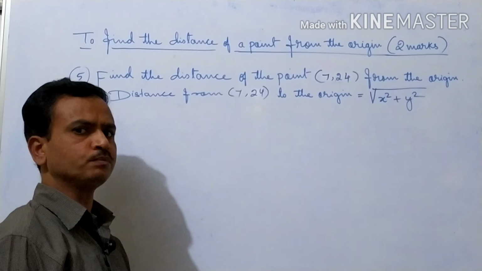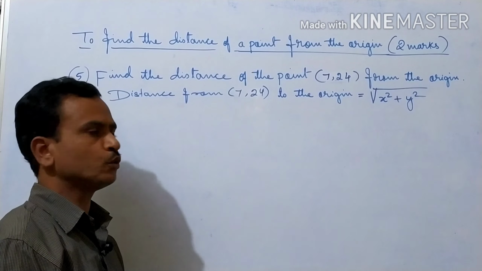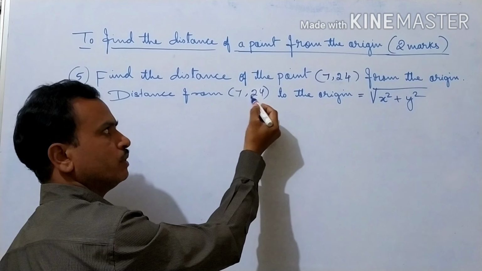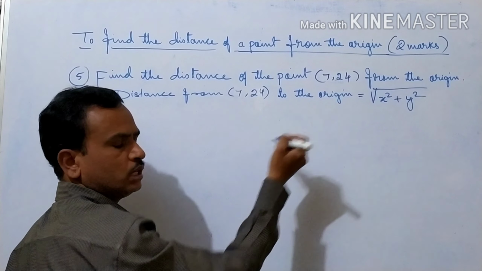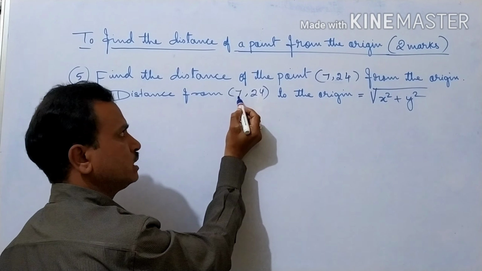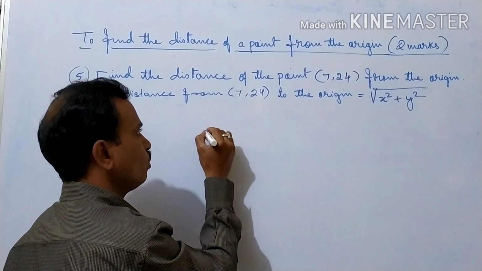Question number 5. Find the distance of the point (7, 24) from the origin. Distance from (7, 24) to the origin is square root of x square plus y square. x is equal to 7, y is equal to 24.